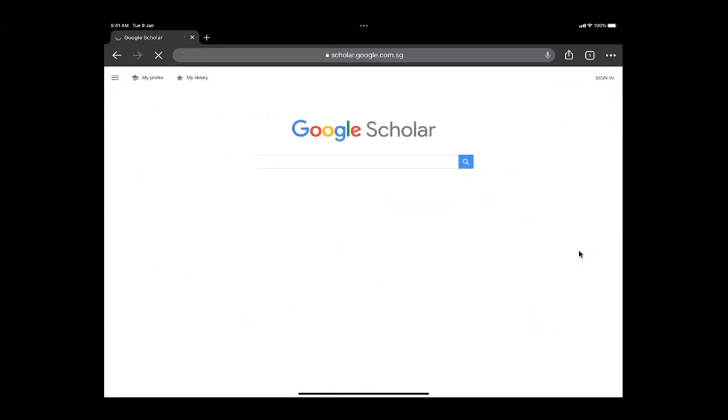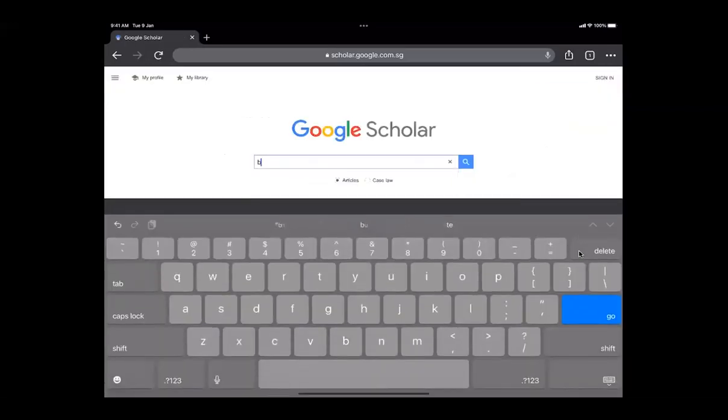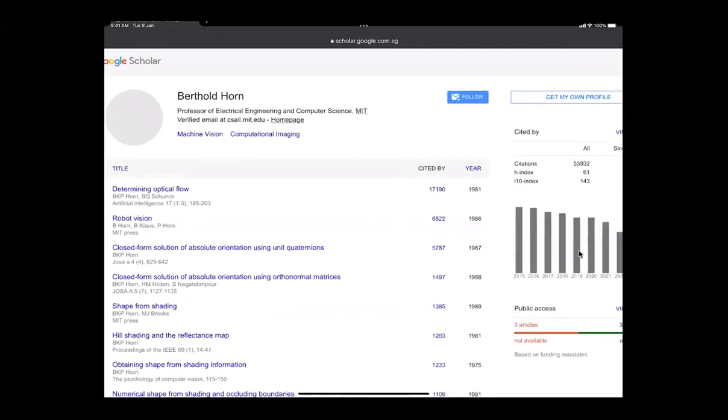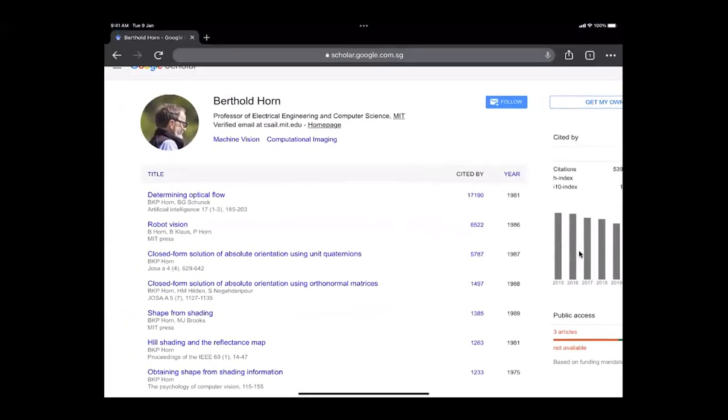Now let's look at Horn. BKP Horn. So that Horn is also published in 1981. Determining optical flow is also 1700. So they are competing with each other.